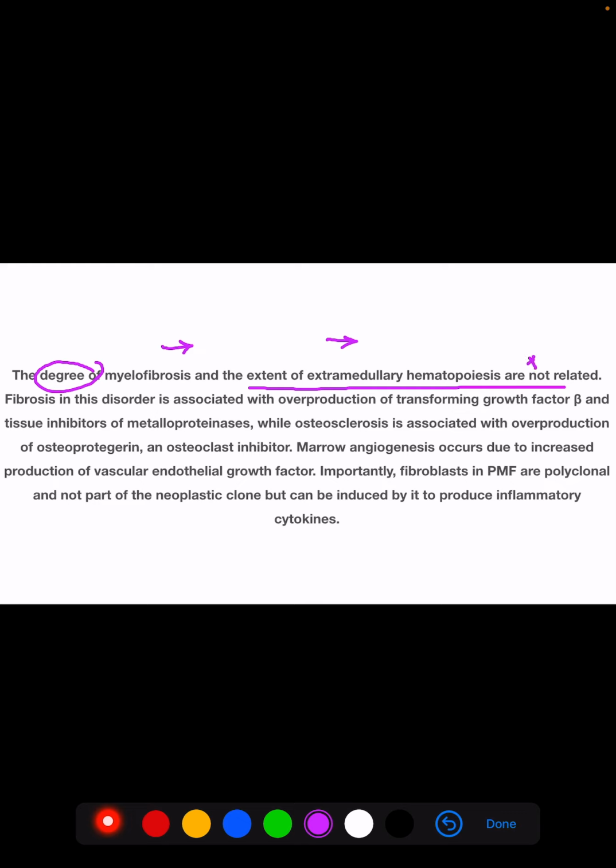Why is fibrosis occurring in this disorder? Because of overproduction of transforming growth factor beta and tissue inhibitors of metalloproteinases.